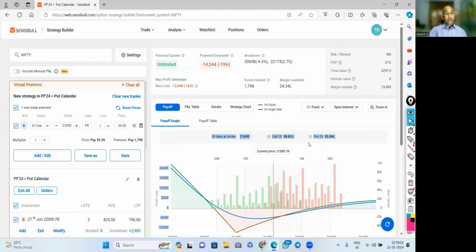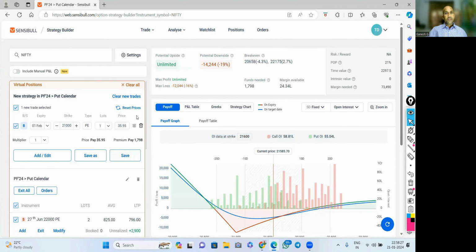Whenever you feel not comfortable holding this strategy on the downside, you can take a far month, far OTM strike. For every two strikes you hold in this strategy, you can buy one. That gives you complete protection on the downside. That is how you can manage downside risk.